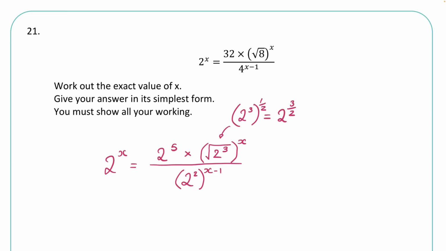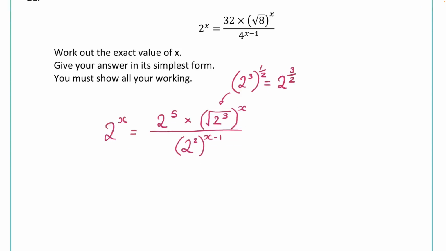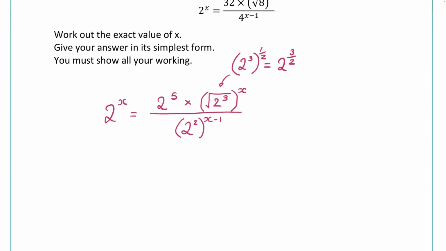I'm going to leave it there for the moment and just see where we're at. But is there anything else that we might want to rewrite? We're going to have to rewrite the bottom as well, because we also have this 2 to the power of x minus 1, and we can multiply that power as well. So let's rewrite this all again.